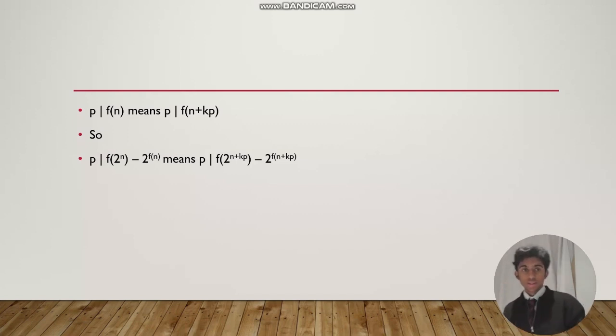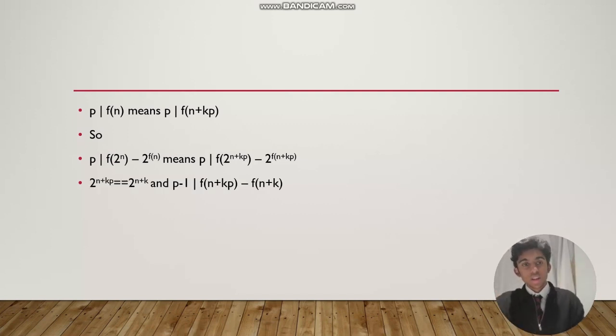And that would mean, since p also divides f of n plus kp, replacing n with n plus kp means that this is also divisible by p. Good so far.